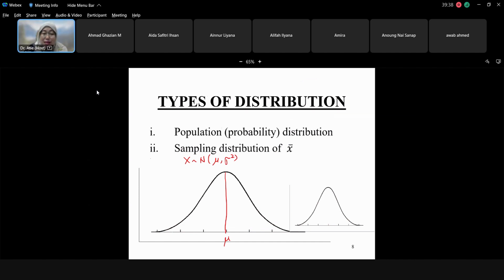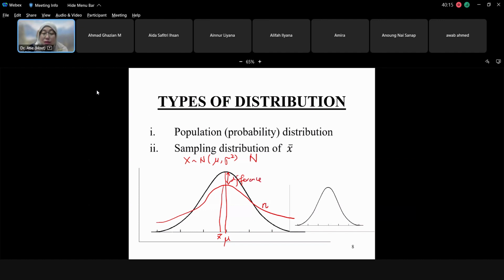But when we take only a part, or just a sample, from this population, we are going to have the same shape of distribution, but slightly different, because this time we only take a few from the population. This one should be X bar. So this is the difference.